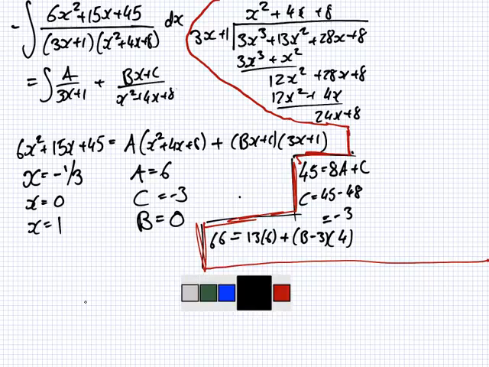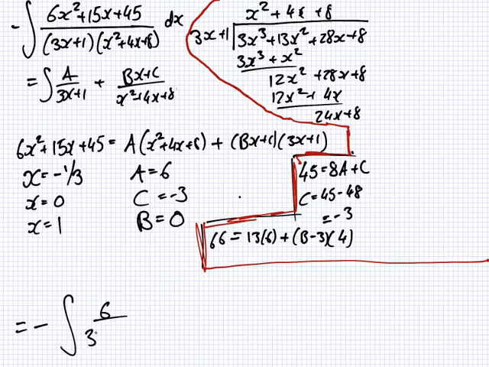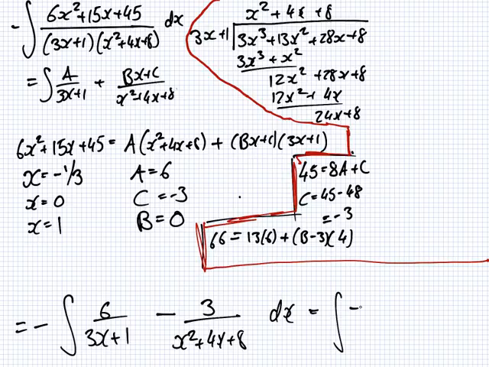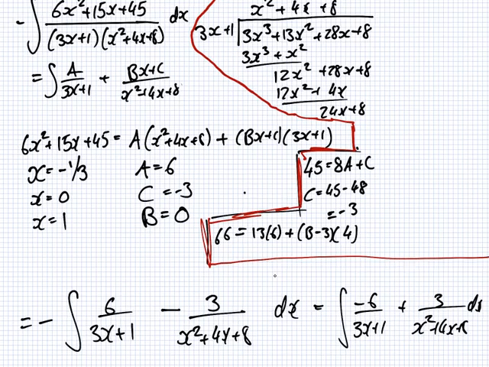A and C. So this will equal minus the integral of 6 over 3x plus 1 minus 3 over x squared plus 4x plus 8 dx, which equals the integral of minus 6 over 3x plus 1 plus 3 over x squared plus 4x plus 8 dx. I put the minus in.